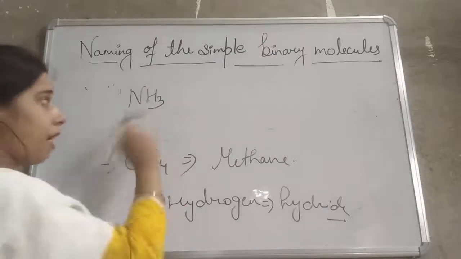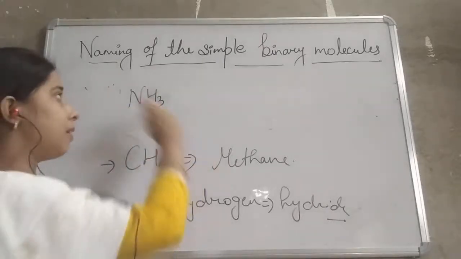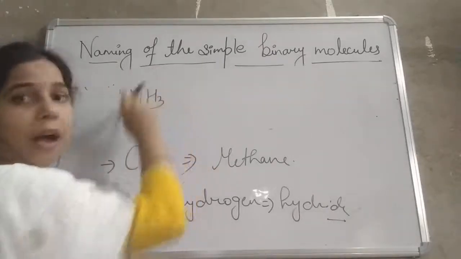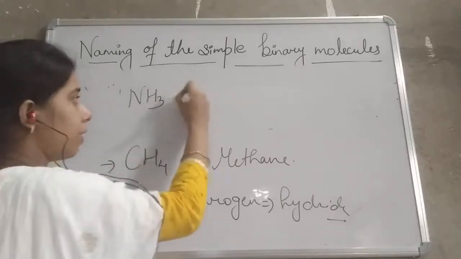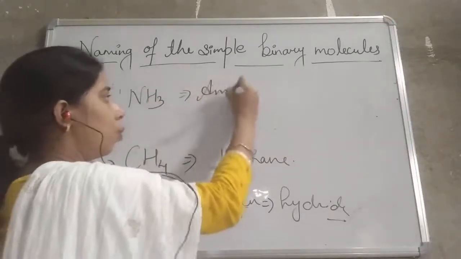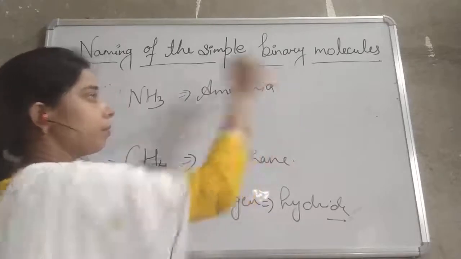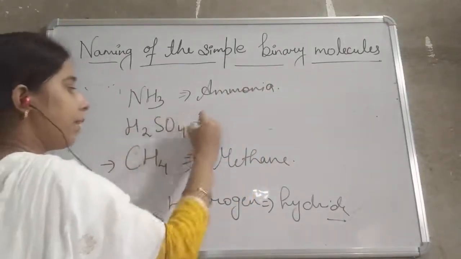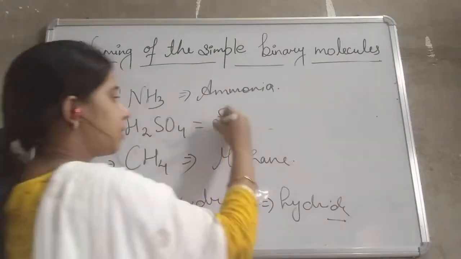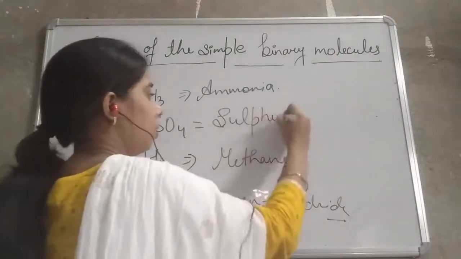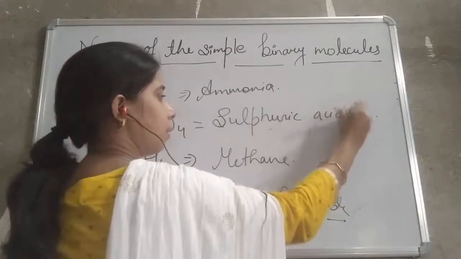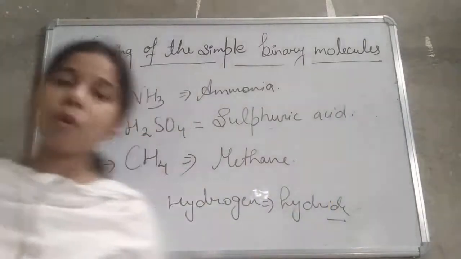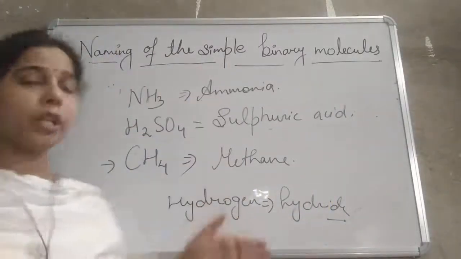In case of NH3, we will never write it like nitrogen trihydride. No, we always mention it as ammonia. Or H2SO4 is there, so we will give the name of this as sulfuric acid.